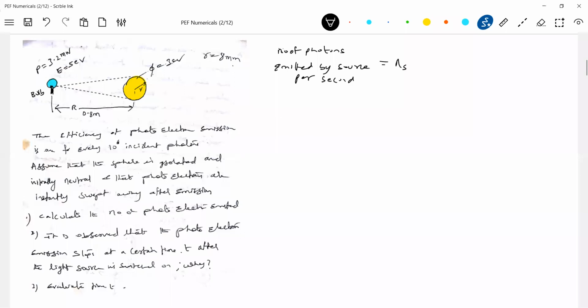I think we use the symbol Ns for this. It should be the power of the source divided by the energy of the photon. So this will be 3.2 into 10 to the power of minus 3 divided by the energy, 5 into 1.6 into 10 to the power of minus 19. These many photons will be emitted by the source per second.